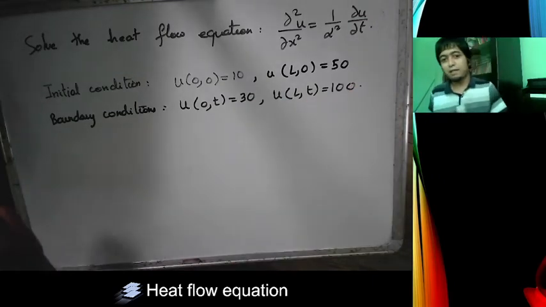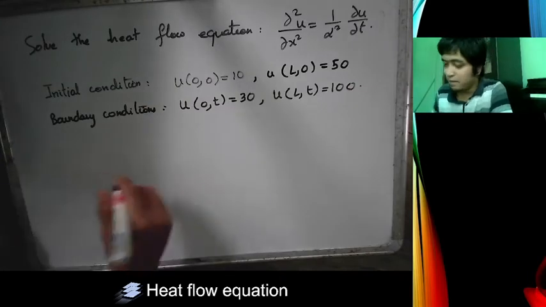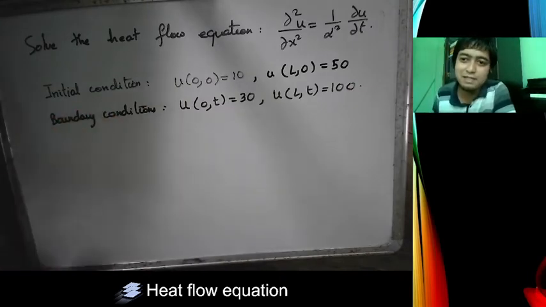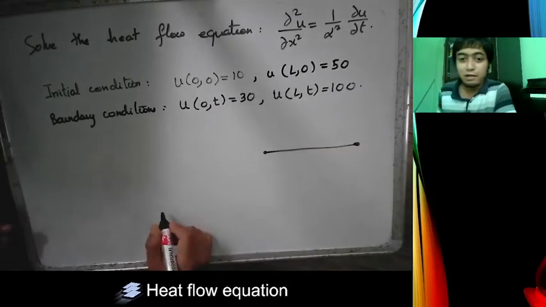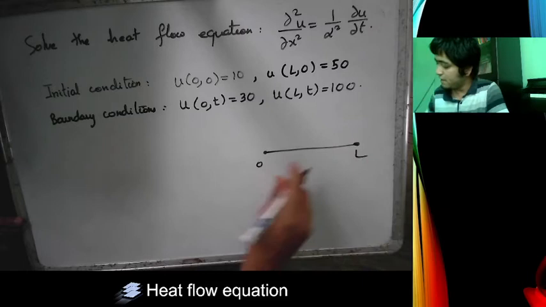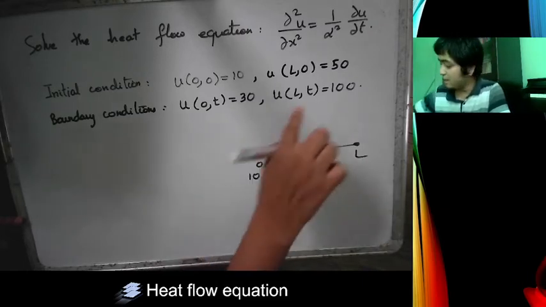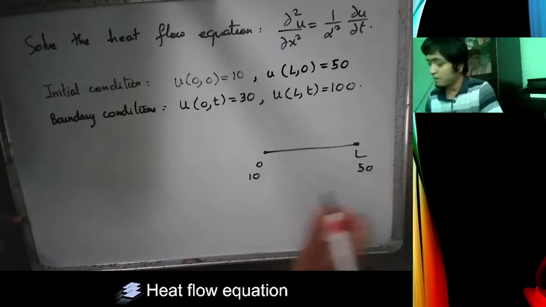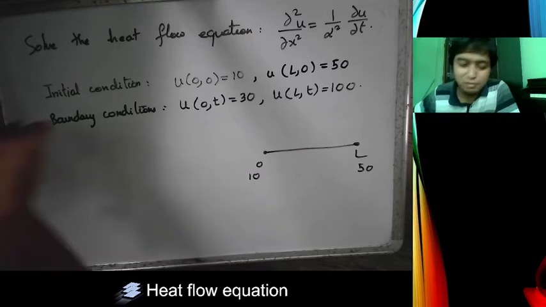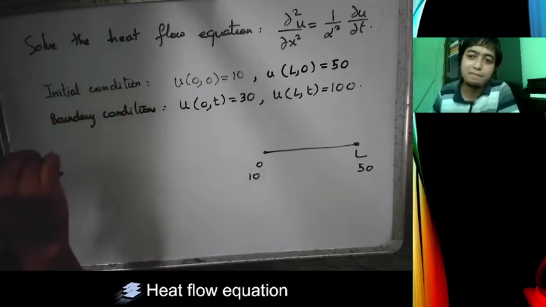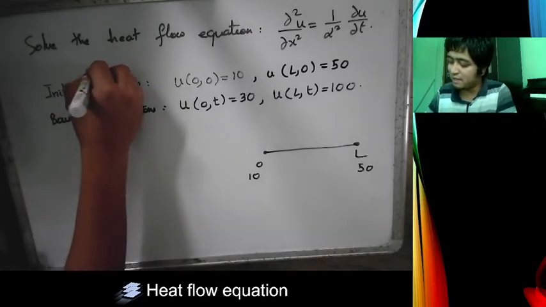So actually what this question is saying is, initially, before any experiment has started, we are keeping this end of the rod at temperature 10, and this one at 50. And usually we find that in most of the problems that we are considering, initially we are having a steady condition.